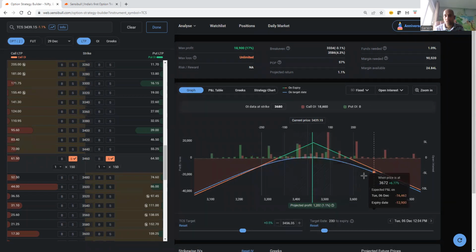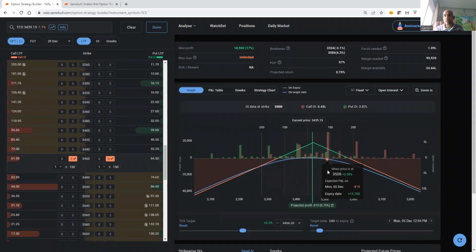Now, spot comes to here. When you place here, let's say the market goes, let's say TCS, tomorrow, I'll show you. On Monday, TCS moves, let's say 2%. I show you 2% up, means the spot becomes 3,508.